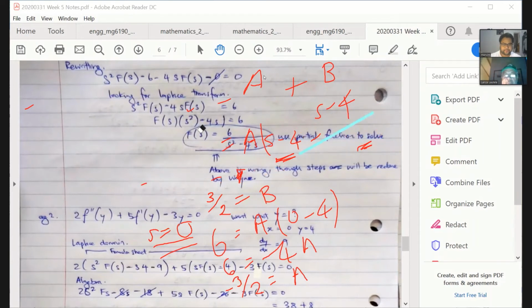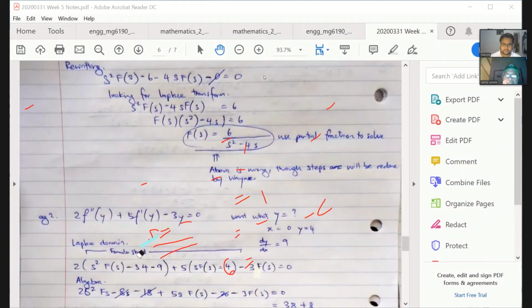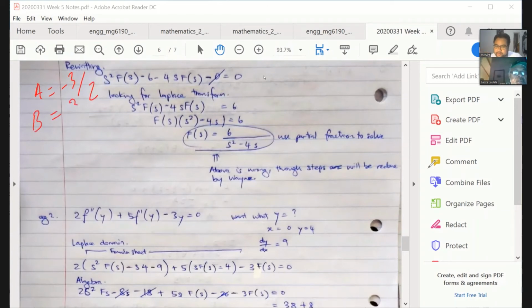Great. So A is minus 3 over 2, and B was 3 over 2.